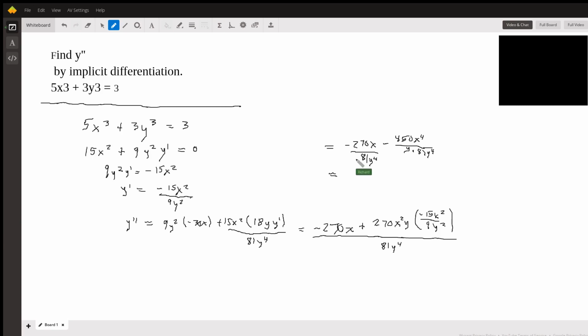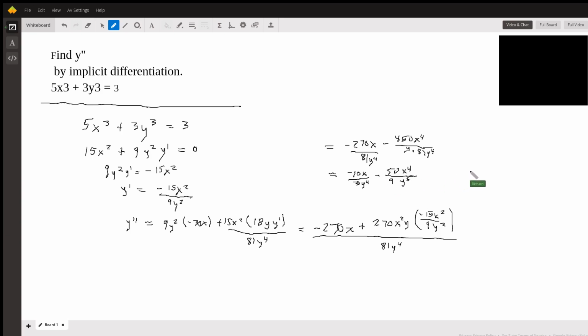Is it 10 over 3? 450 over 81 is 50 over 9. x to the fourth, y to the fifth.